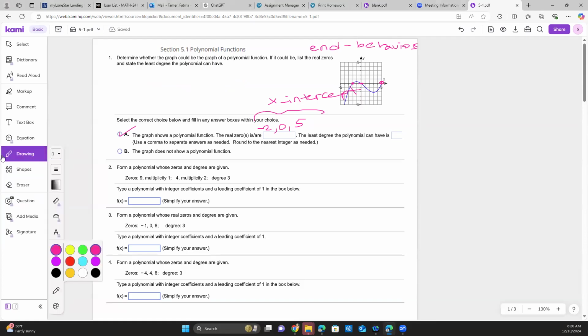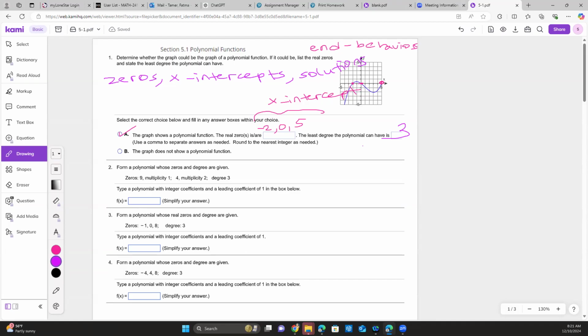We can say the polynomial function has zeros, x-intercepts, where the graph crosses the x-axis, or solutions. They all mean the same thing. And then the least degree the polynomial can have is 3. If there are 3 solutions, 3 zeros, we expect the minimum degree to be 3. If there were 4 solutions, we expect the degree to be more than 3 here.